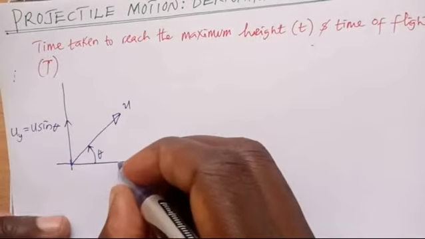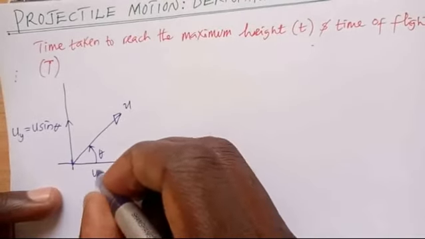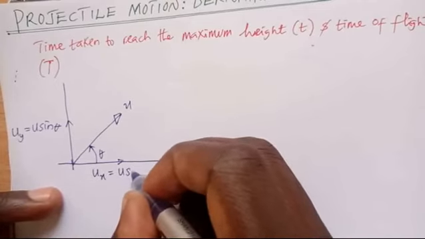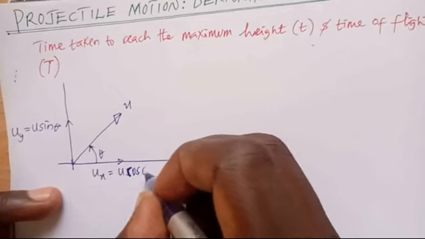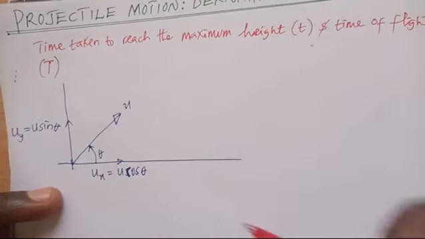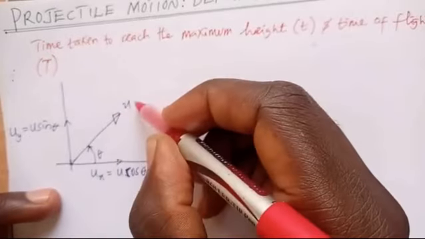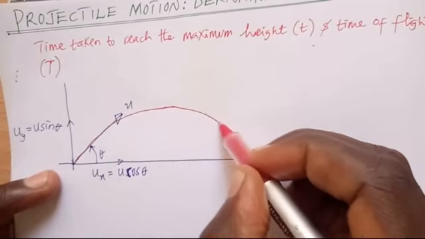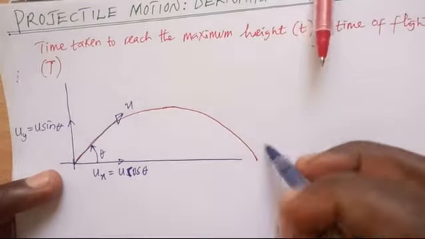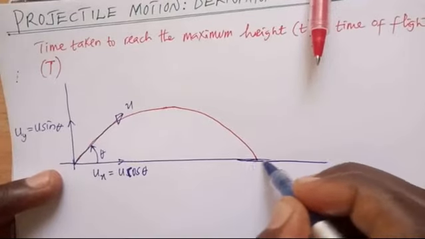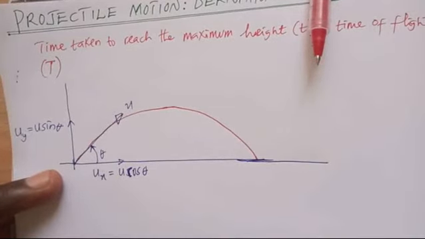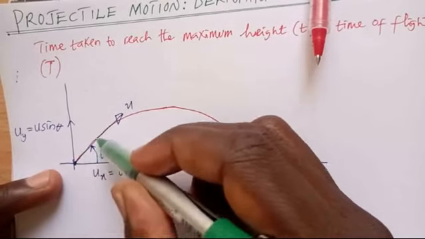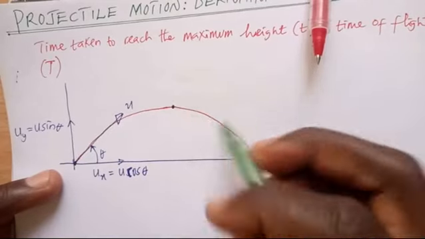It also has a horizontal component, written u sub x, and its magnitude is u cos theta. Now, because of the influence of gravity, it will not follow this path. Gravity will make it bend, and the motion will be like this, and it will hit the projection plane again. What we want to know is, when the projectile is in the air, launched from here all the way to here, at this point it reaches its maximum height.